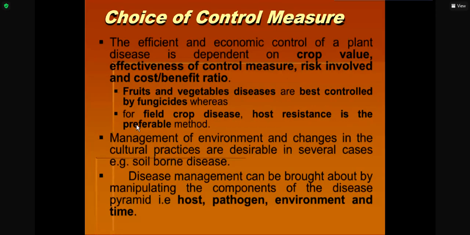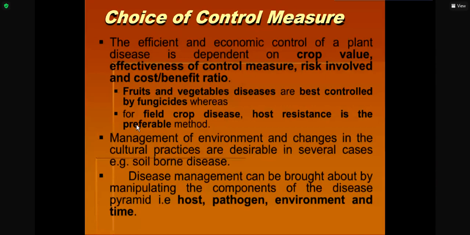Sir, is it possible to check all the seeds? No, it's not possible to check all the seeds. So what does the quarantine officer do? The quarantine officer will take a sample from your seed lot. For example, you are importing 100 tons of seed, for example rice seed or potato seed or wheat seed, from China or Australia or Europe or some other countries. Then the quarantine officer will take a sample from the seed lot.